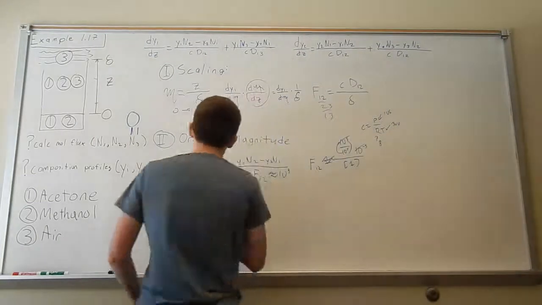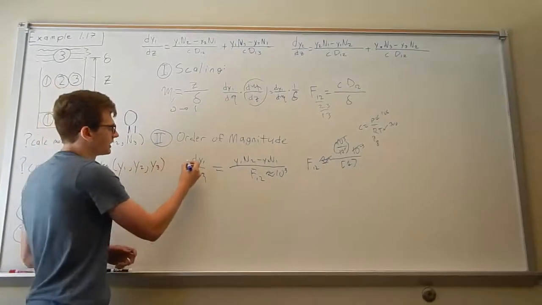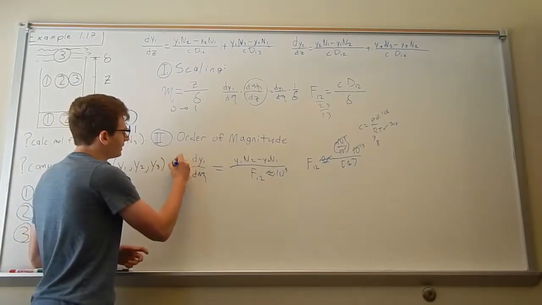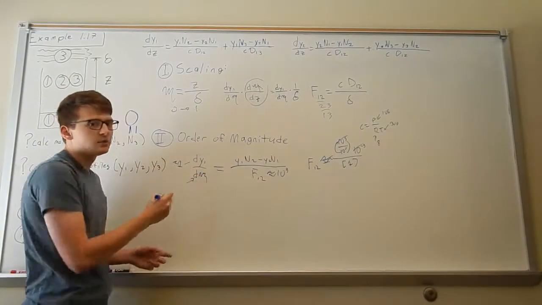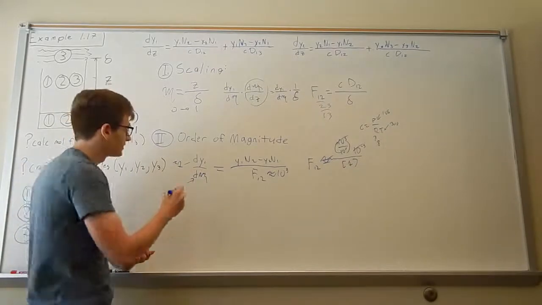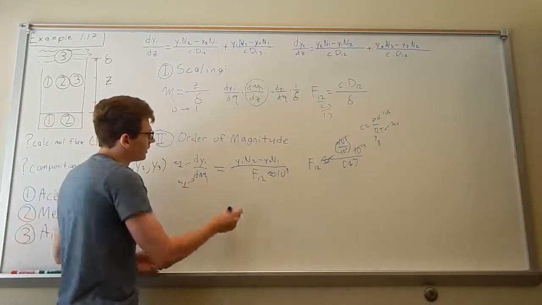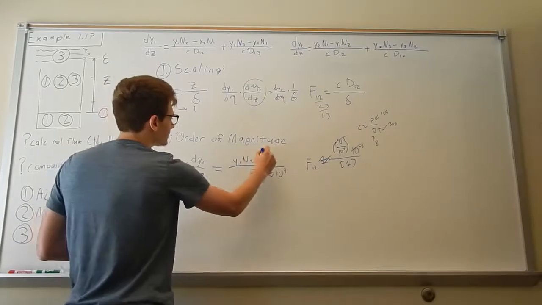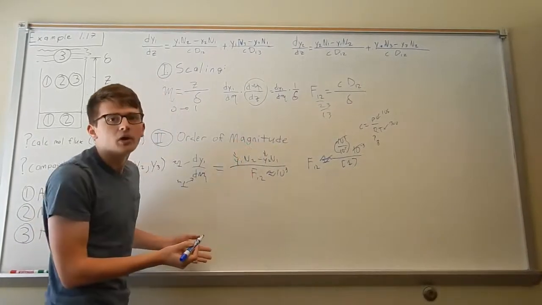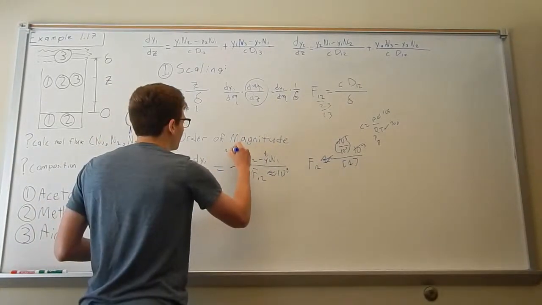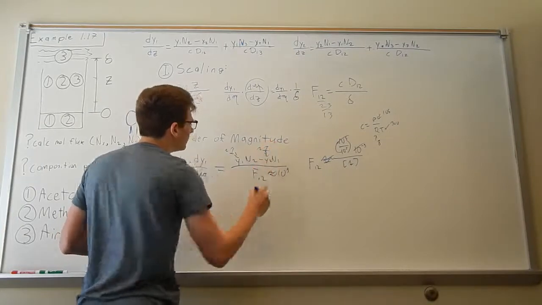Now over here, let's take a look. The change in y1, well, that's going to be about 1. The change in eta, we defined eta as from 0 to 1, so that's going to be about 1. So these two concentrations right here are just going to be about 1, right? About 1, about 1.